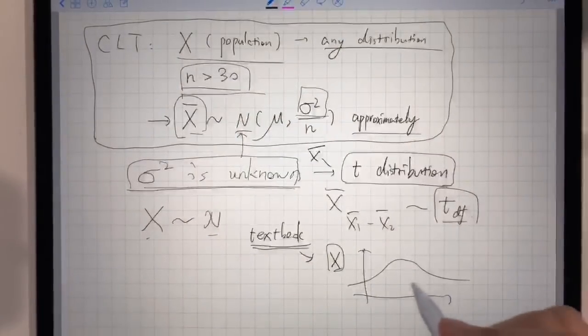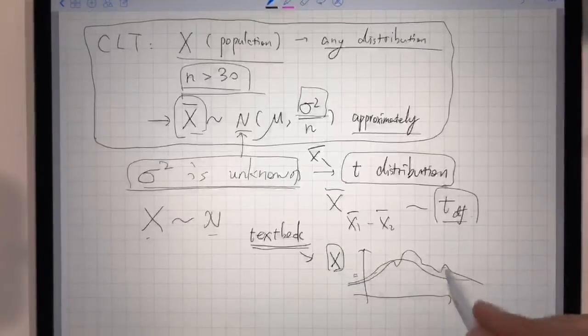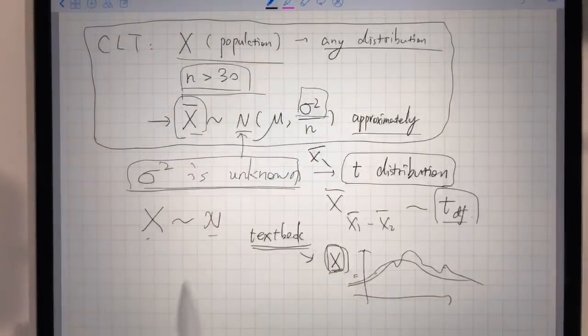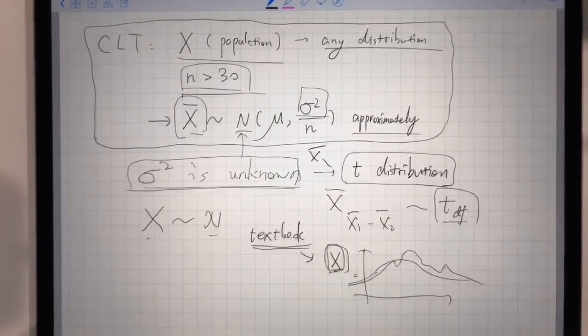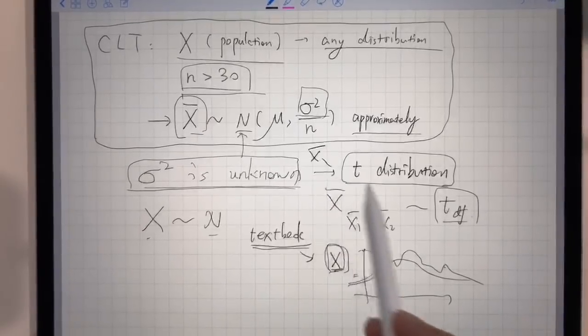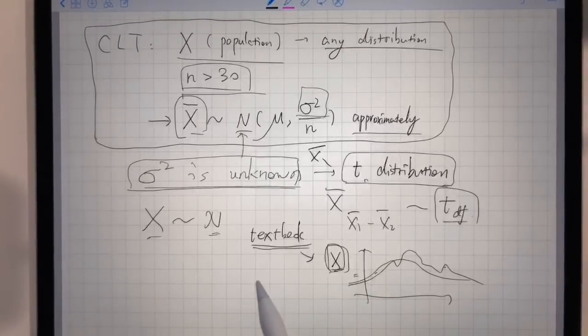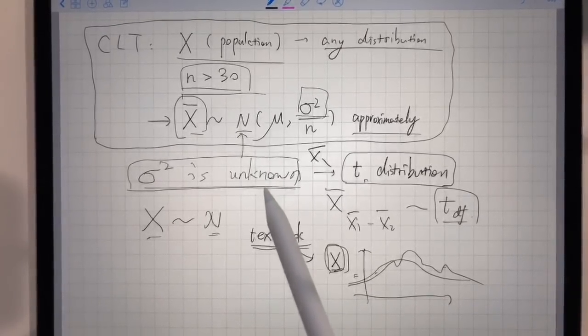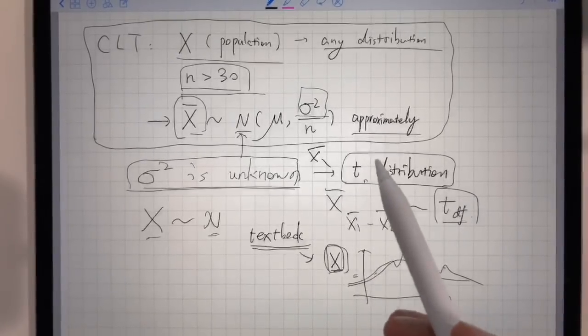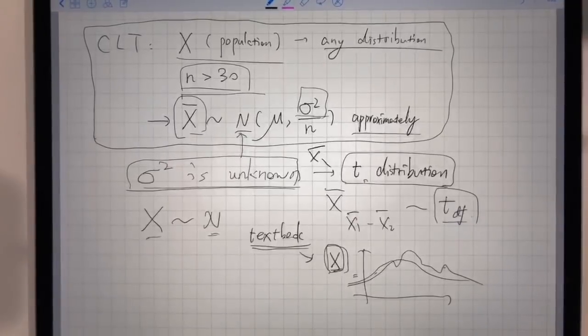So it can be not that normal, but still it's better to assume the population is normal. So probably that's why in your textbook, even though you have x bar follow t distribution, you still assume x follows a normal distribution, okay? But don't worry, I don't think your exam will test you this deep, so don't worry about that.